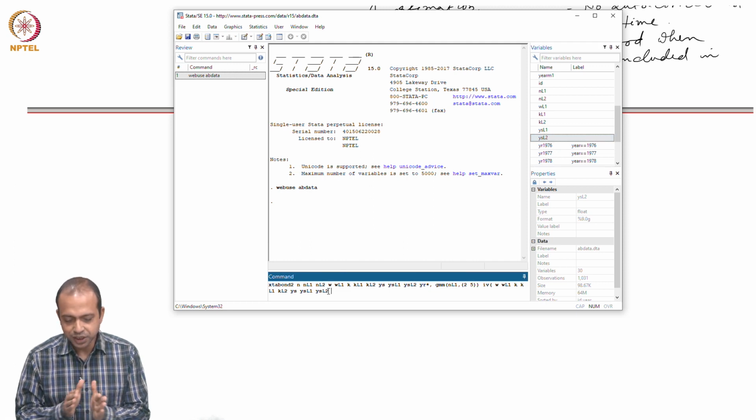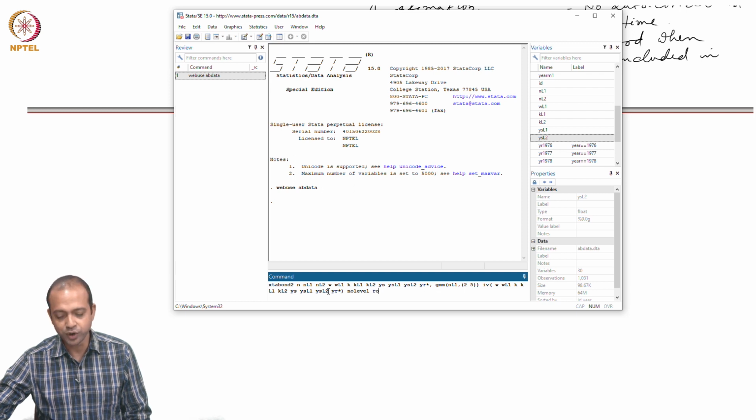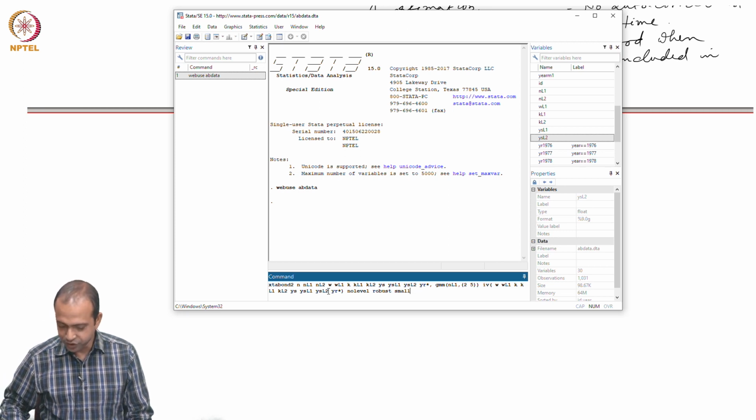So, this is basically the model you need to run. The first part of the xtabond2 is this, which is your equation of interest. The second part is basically concentrating on how you are deciding about your endogenous and predetermined variables.